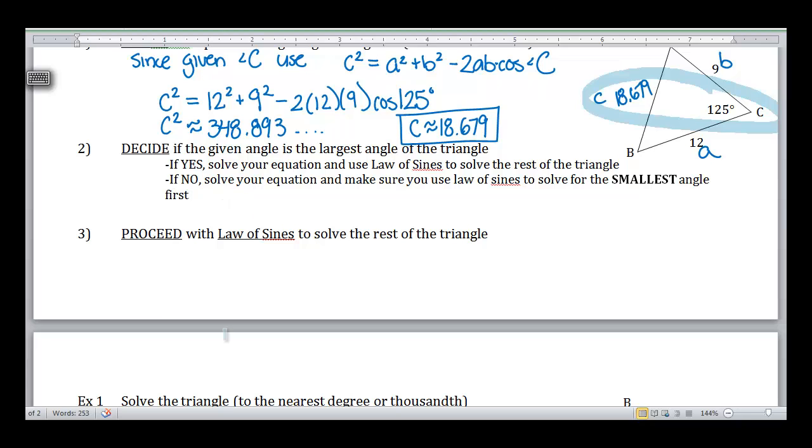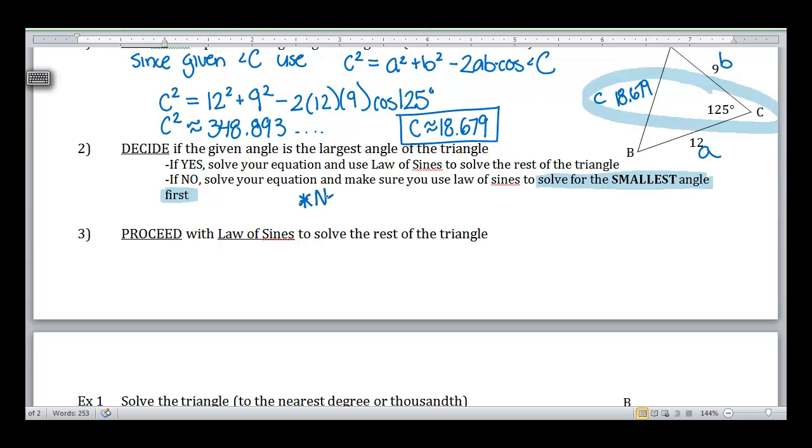If the answer is no, then you need to be careful. You're still going to use law of sines, but you have to solve for the smallest angle first. If you don't solve for the smallest angle first, you could end up having an ambiguous case, and law of cosines should never have an ambiguous case.